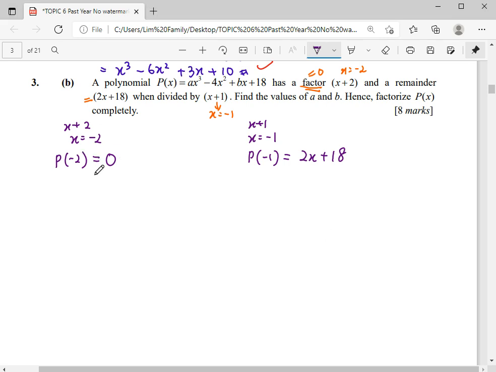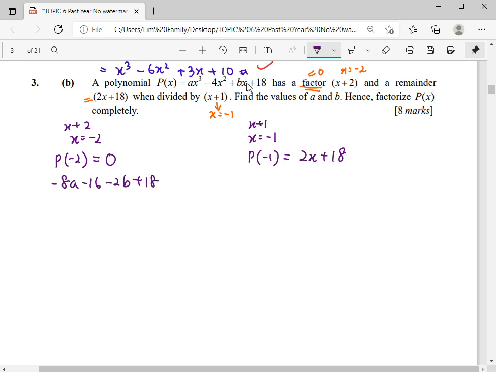Okay, so after we write the factor theorem and our remainder theorem, then we start our calculation. Substitute negative 2 into the polynomial. So here we will get negative 8a. Okay, then substitute negative 2 here, we'll get negative 16. Then substitute negative 2 here, negative 2b.